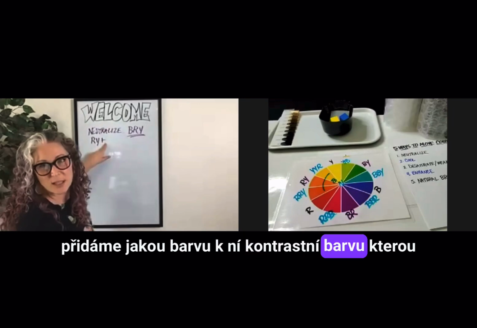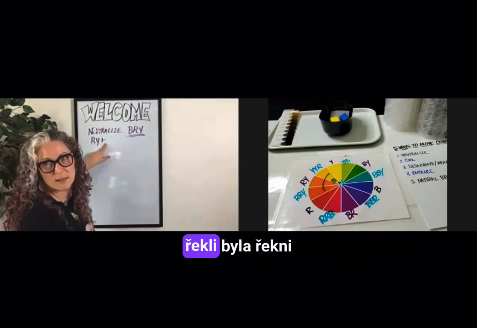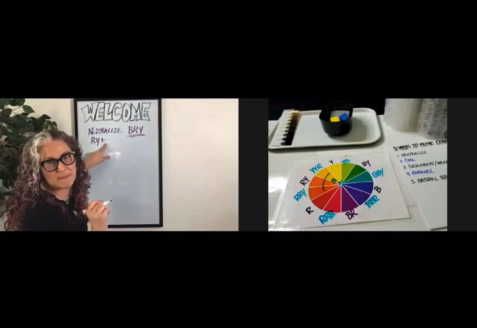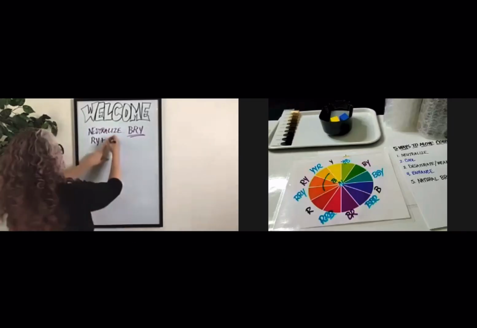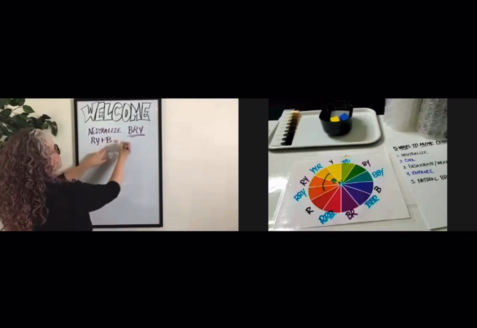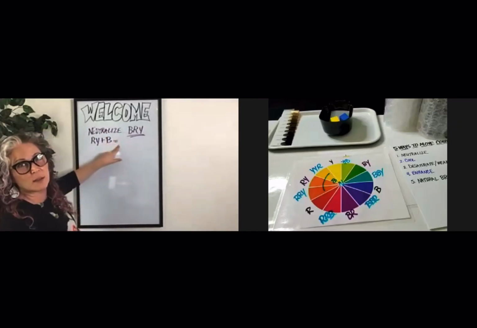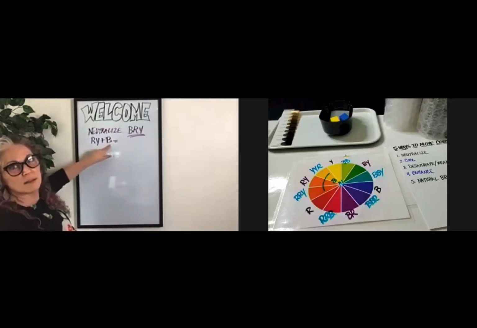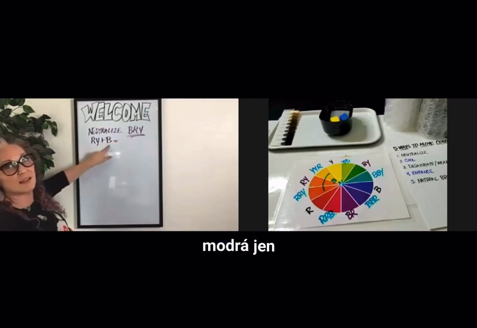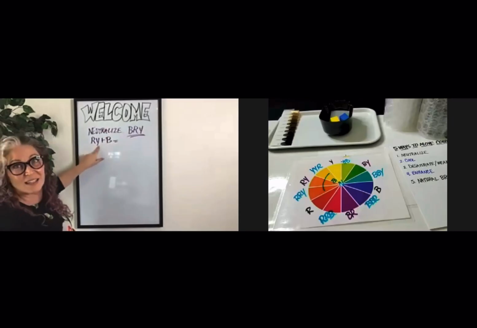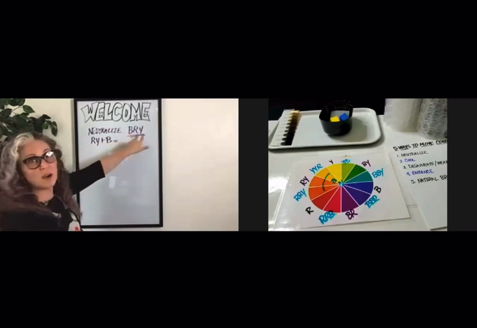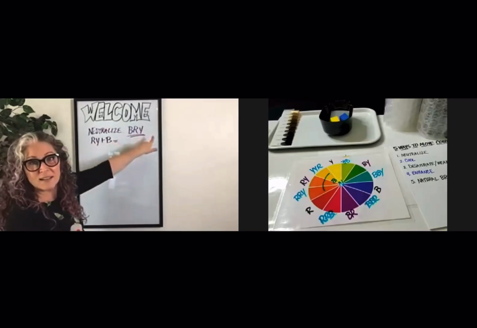To the contrasting color you said was? Tell me in the chat box. What was the contrasting? Blue. So blue is just B, right? If I add those in equal parts, what do you see here? Do you see B, R, Y? Yes, B, R, Y. What did I just make?